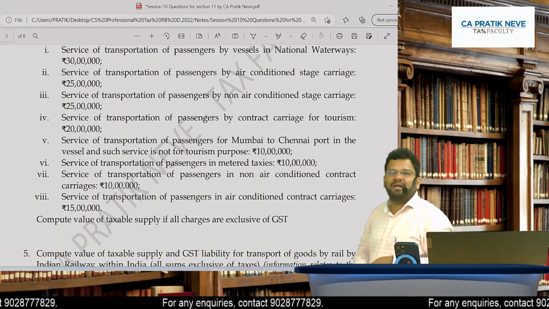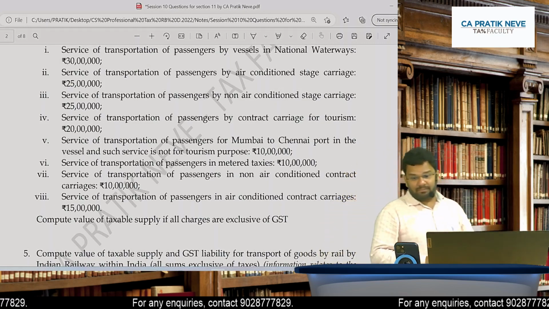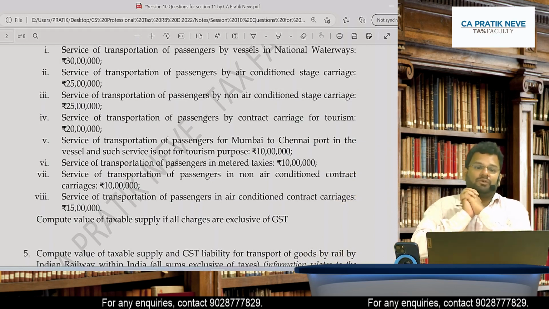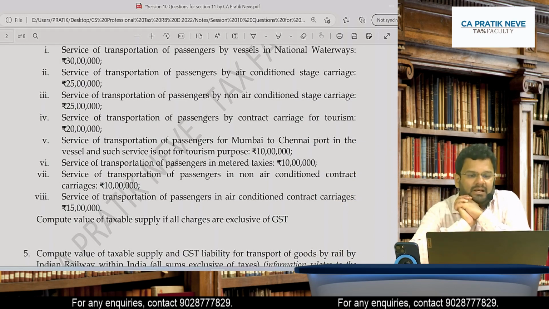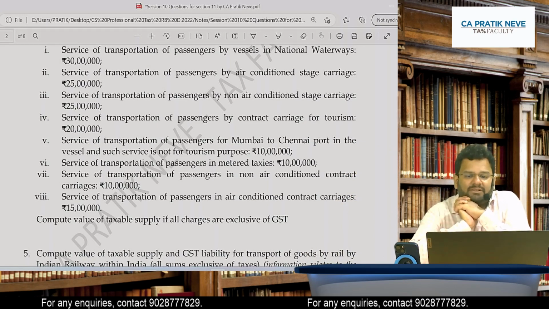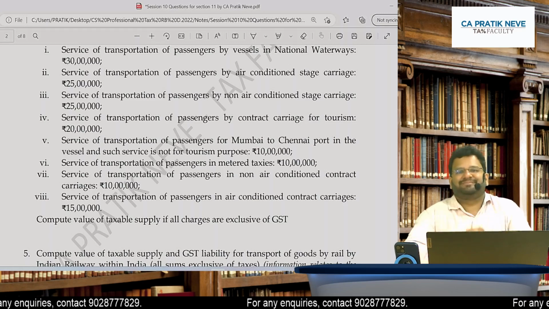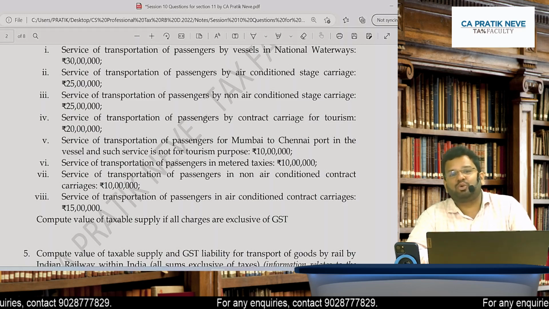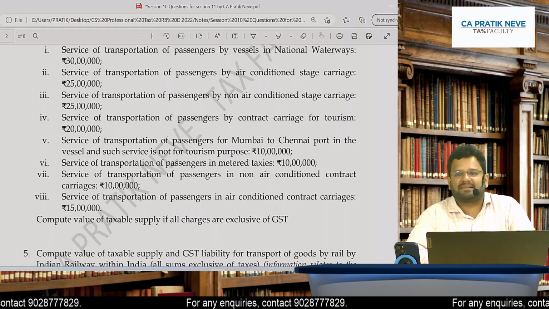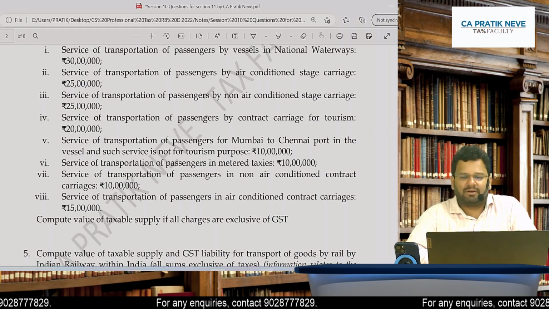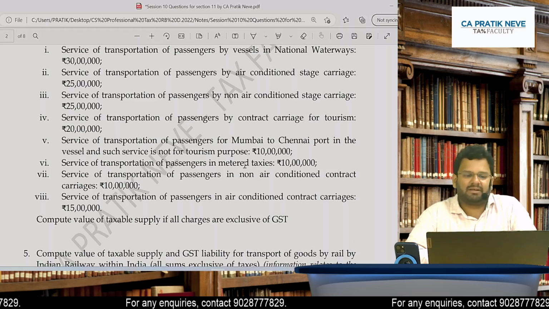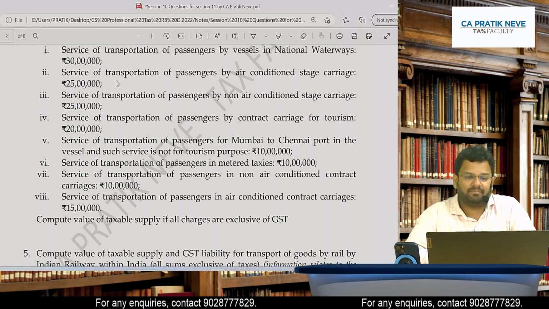Now you tell me which one will be taxable and which one will be exempt. Service of transport of passengers by vessels in national waterways. So if it is for tourism, it will become taxable, but it's not given that way, so it is otherwise, so we will exempt it.